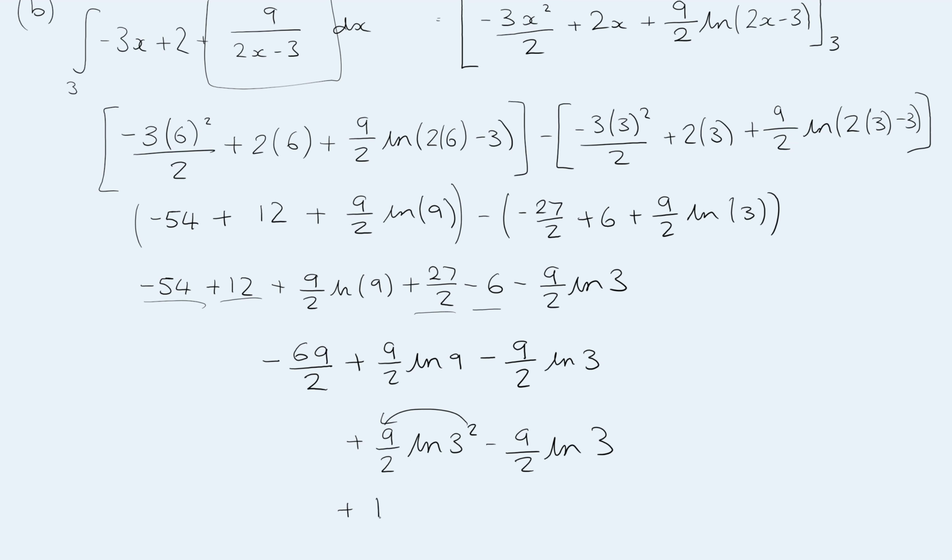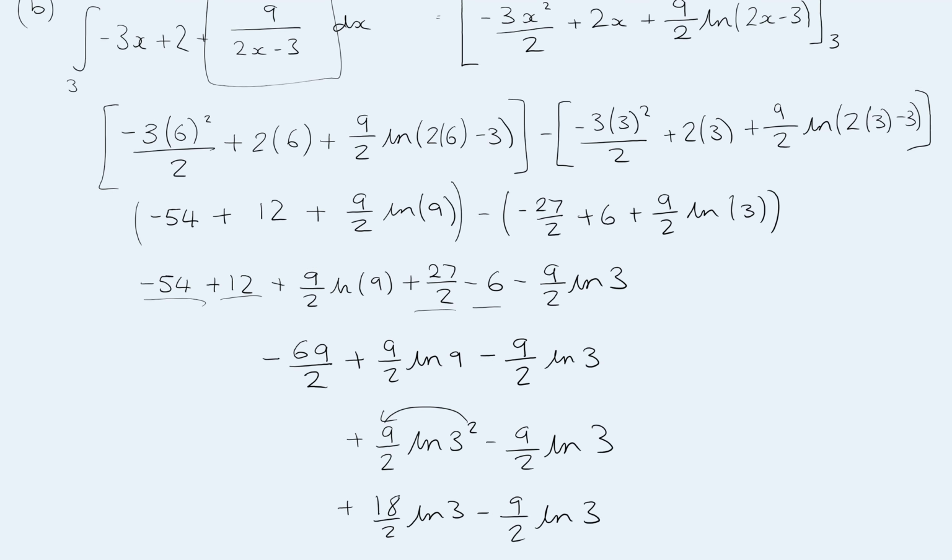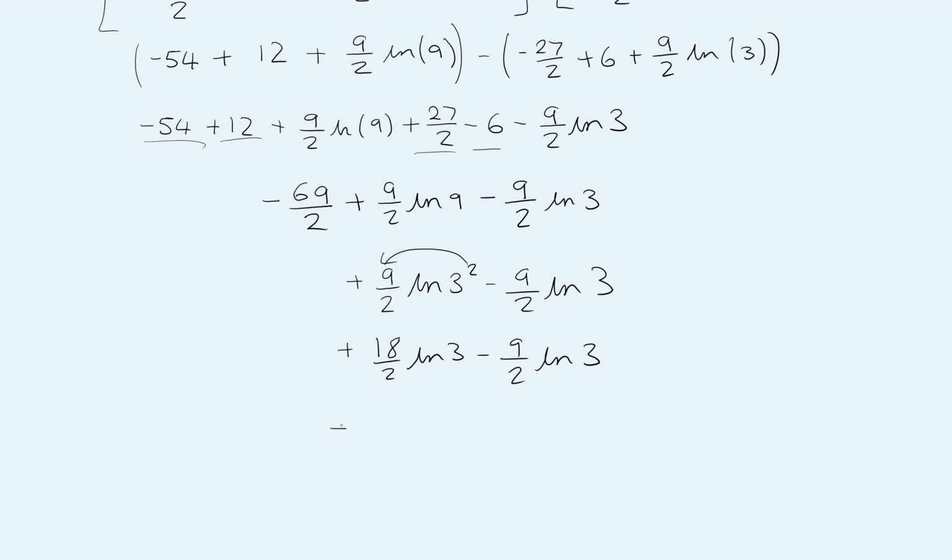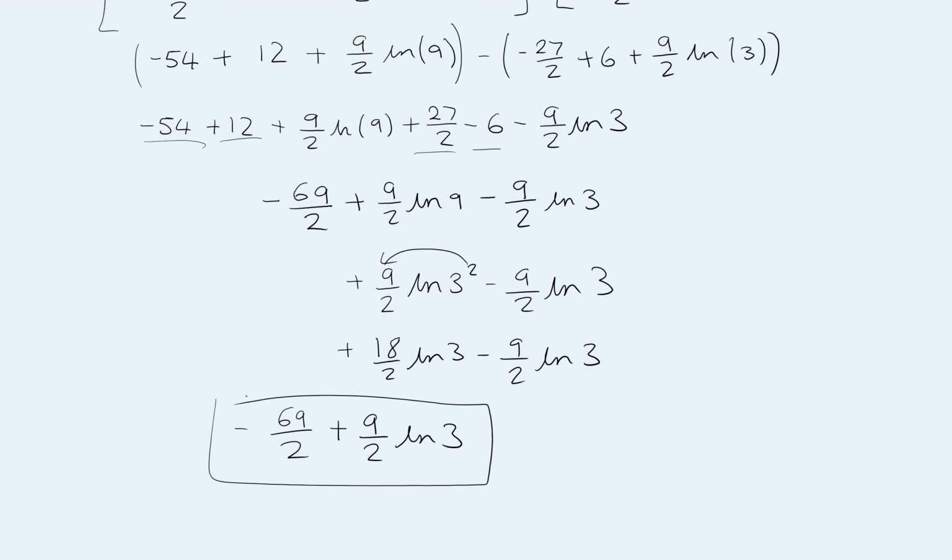So then I've got 18 over 2 ln 3 minus 9 over 2 ln 3, which leaves me with 9 over 2 ln 3. Bring back down my minus 69 over 2, my numeric term, and that is my final solution to that problem.